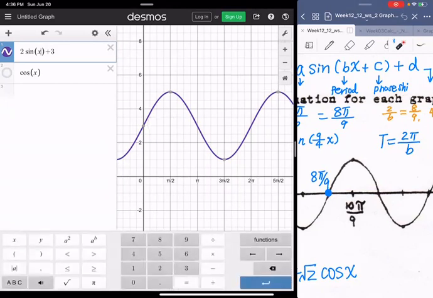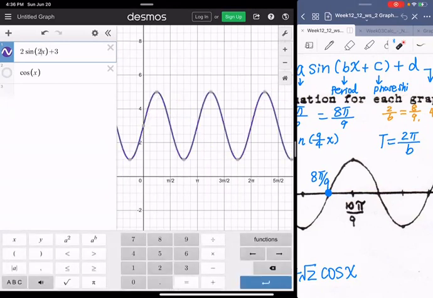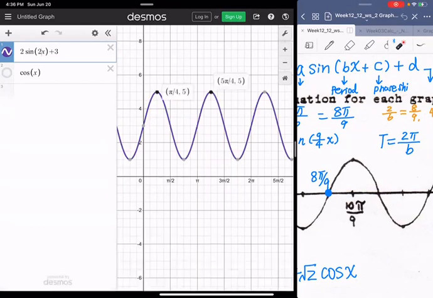But if you change sine x to be sine 2x, now your old period is 2 pi. Your new period is pi. What happened there? Which guy makes the period change? The number in front of it. 2 is the guy who changed it.